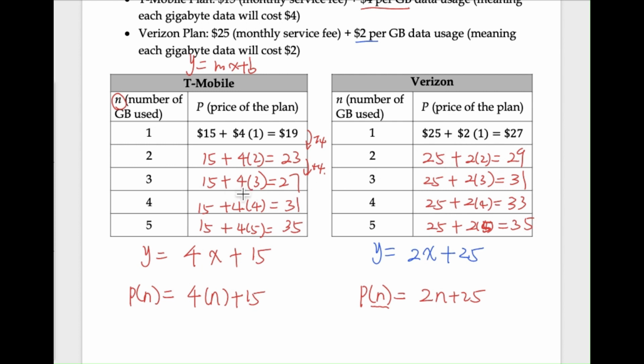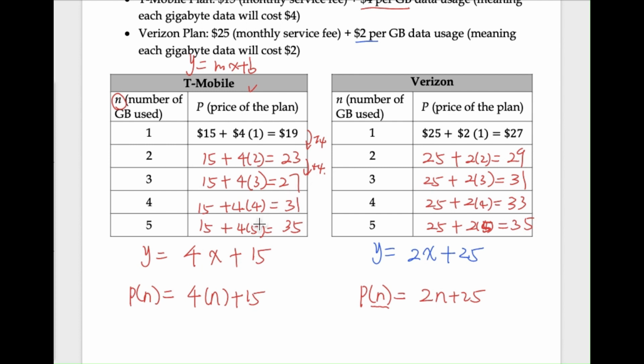Let's see. If Tammy only uses around 3 or 4 gigabytes, like she's not a heavy user, she just checks some websites and chats a little bit, then which option is better? Definitely T-Mobile, right? T-Mobile is going to be the better one if she only uses 3 or 4 gigabytes, because it's cheaper compared to Verizon.